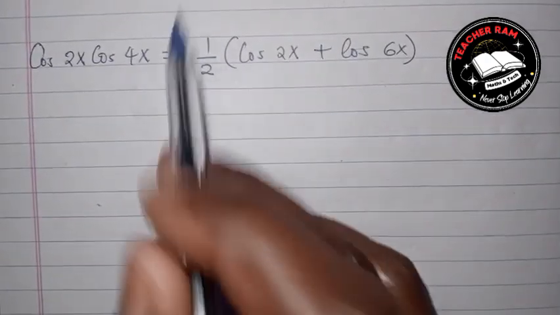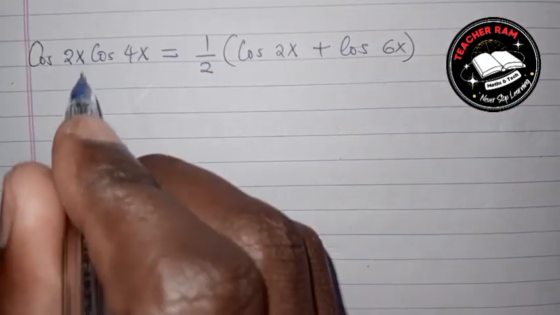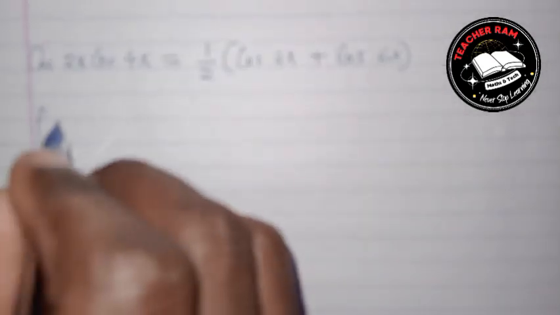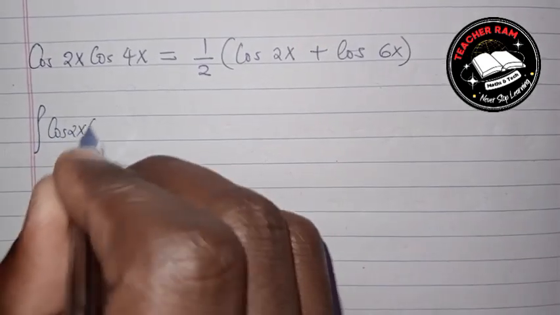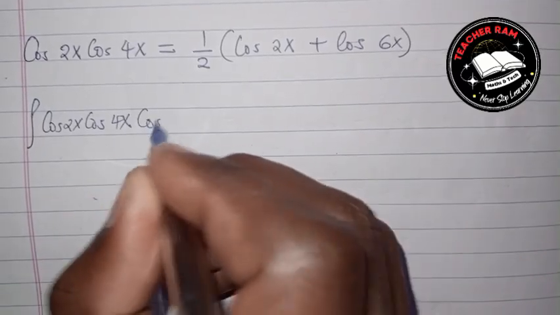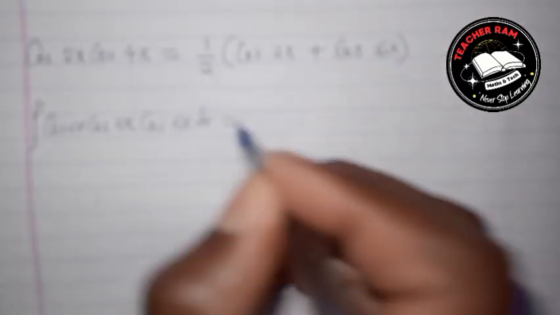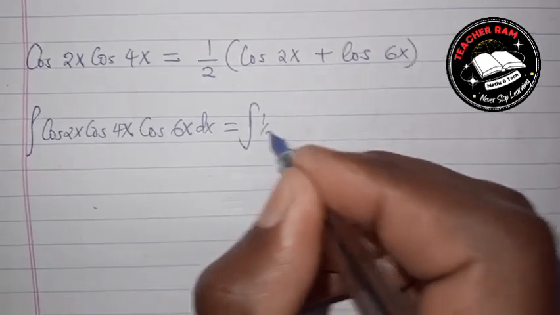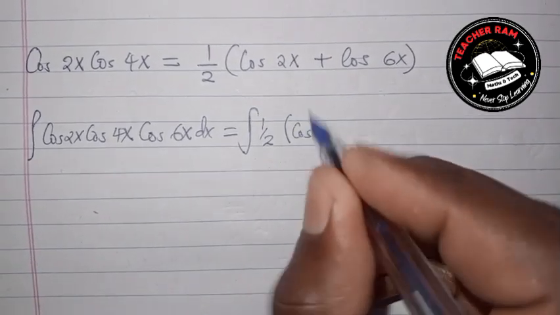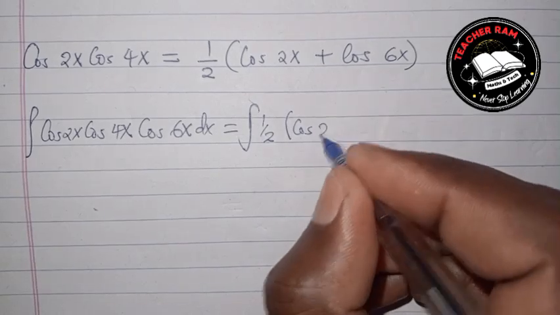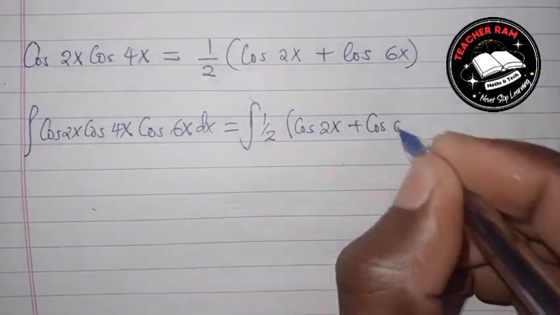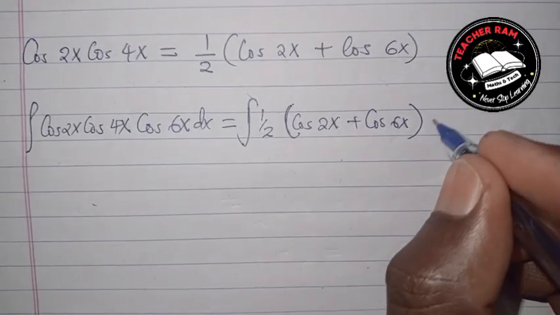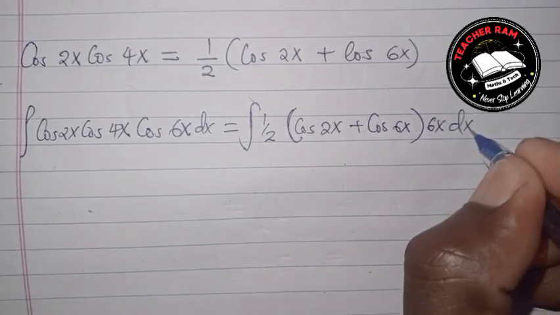Taking this result, we are going to substitute into the given equation. So the equation states that integral of cos 2x cosine of 4x cosine of 6x dx can be written as integral of 1/2 bracket, substituting this result, cosine of 2x plus cosine of 6x, but remember here we have cosine of 6x, so it will be 6x dx.